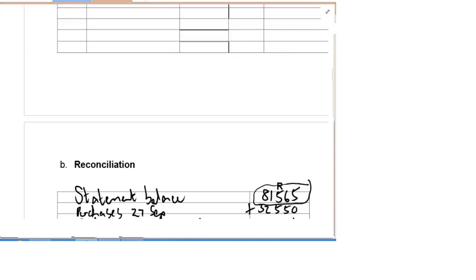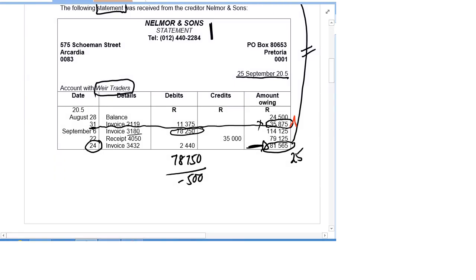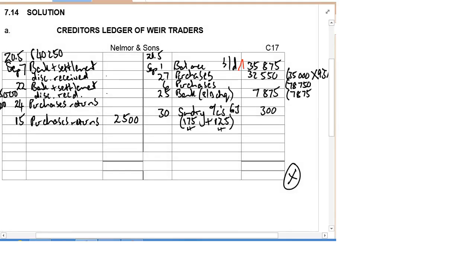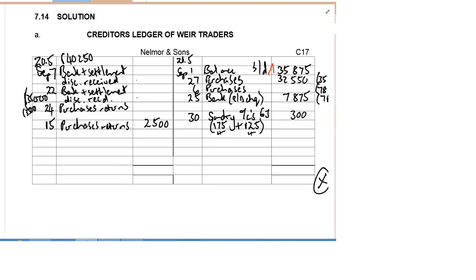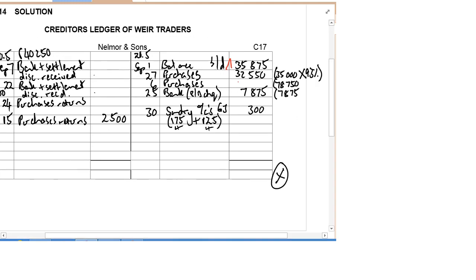Then if I go back and look, there's not that much on the creditor's account, so it's probably better just to look here. This 78,250 was for this invoice over here, the 78,750. Now remember that 78,750 is the correct amount.